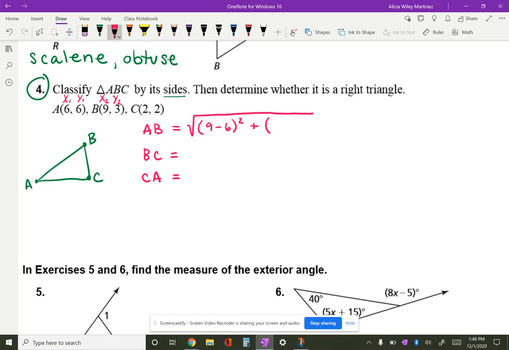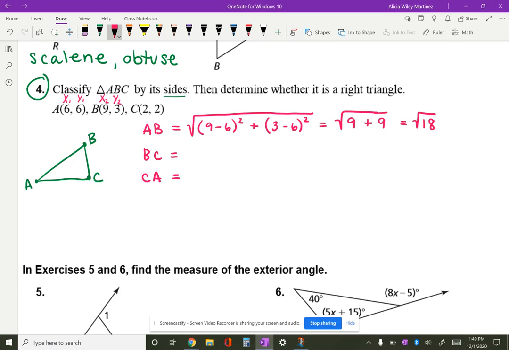And then for y2 minus y1, that's going to be 3 minus 6. Don't forget to square it. So I have 9 minus 6, which is 3. 3 squared is going to give me a 9. Adding to that, we have 3 minus 6, which is negative 3. I'm going to square that, and I'm going to get a 9. 9 plus 9 is going to give me the square root of 18.